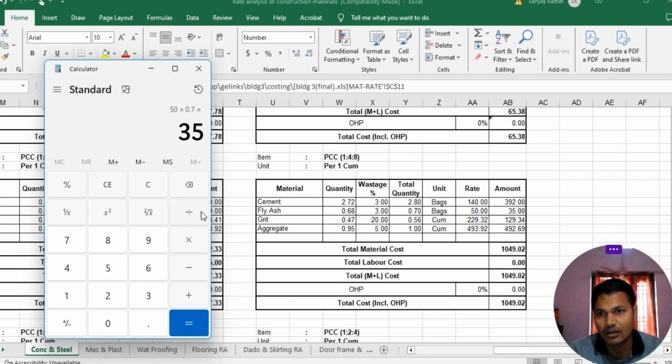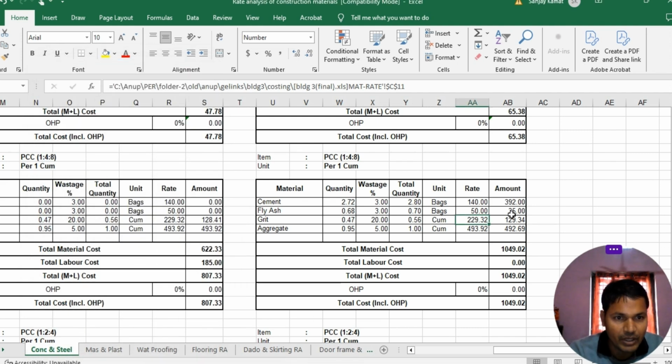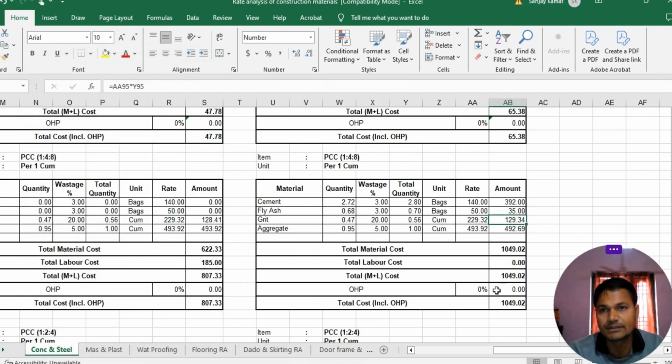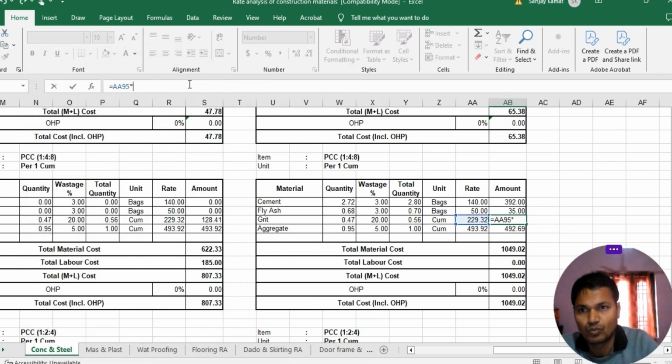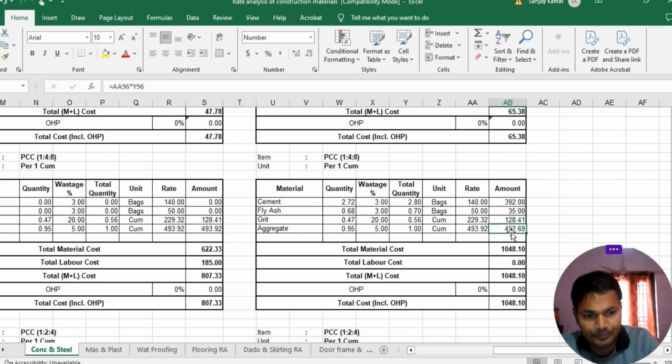Let's multiply, is our answer right or wrong? 229.32 into 0.56, how much is it coming? This is a mistake. 128.41 is coming, so we have to edit this value and write that same value.